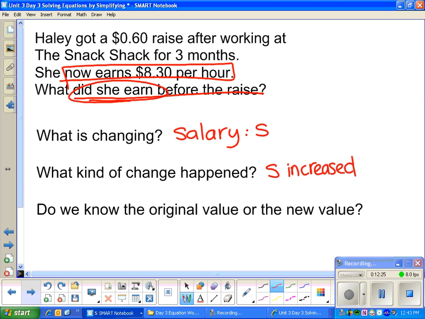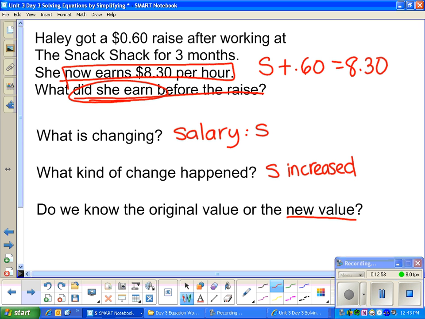So here I know that something is going to be equal to $8.30. Okay, I know my new value, and that's my equals. So let's set this up. Her original salary that she earned before, and then she got an increase of 60 cents equals $8.30.